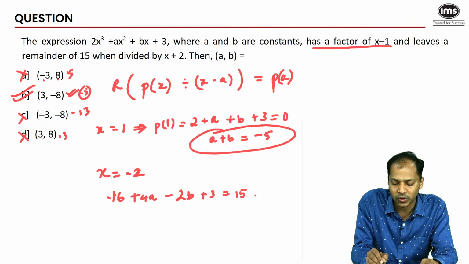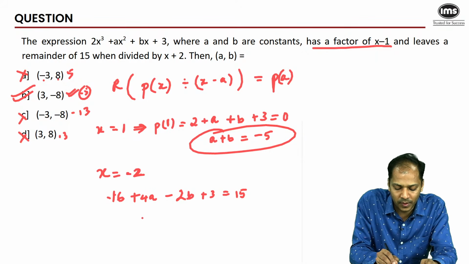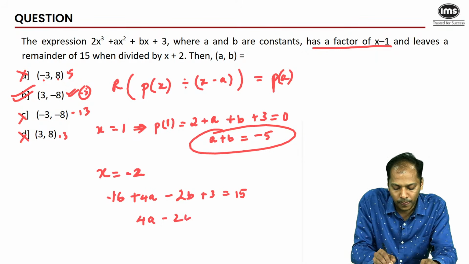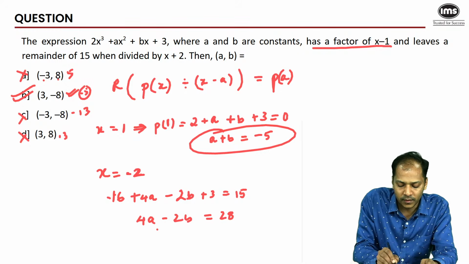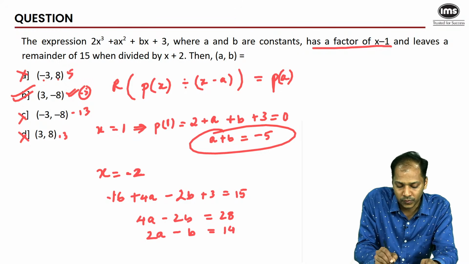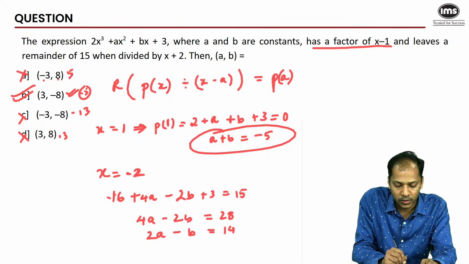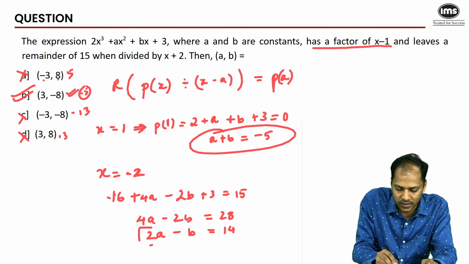So -16 goes on the other side, it becomes 31 minus 3, that's 28. 4a minus 2b is 28, or 2a minus b is equal to 14. Yeah. So this is the second equation.